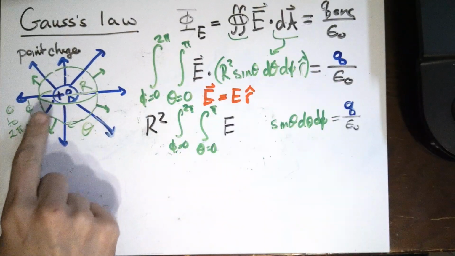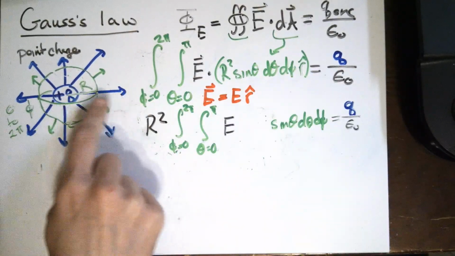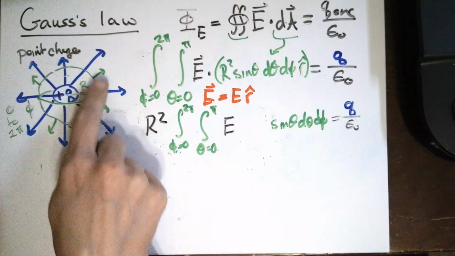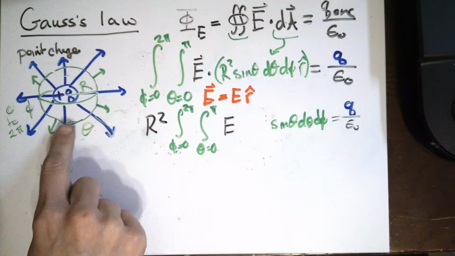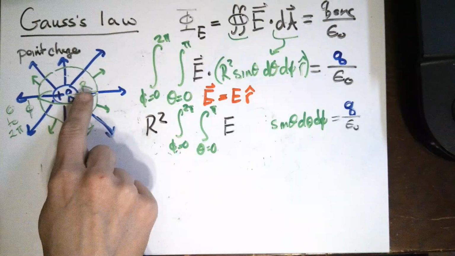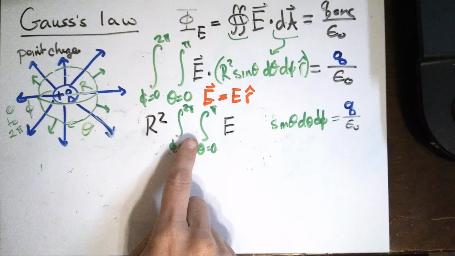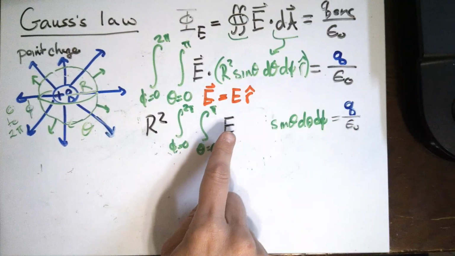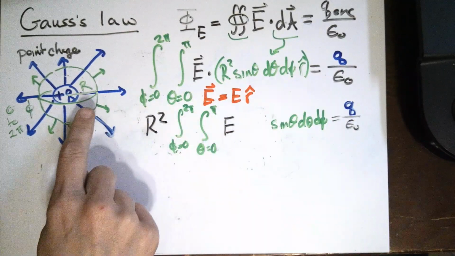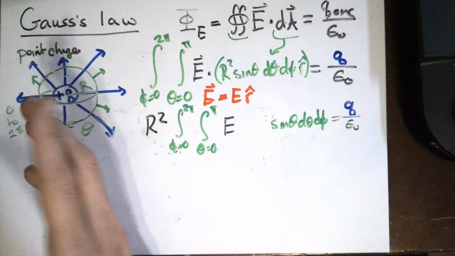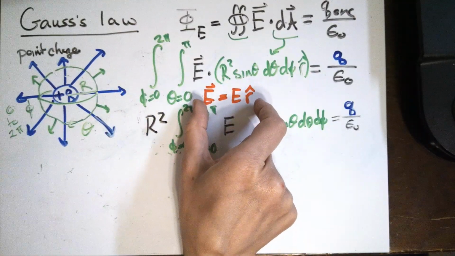The electric field depends on the distance from the charge. But for our green Gaussian surface, we're always the same distance from the charge. We're always this big R away from the charge. So on this green surface, the electric field is always going to be constant because it's always at a constant R. So we already put this bit of information in.